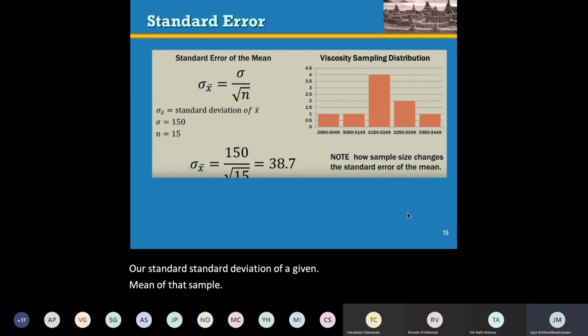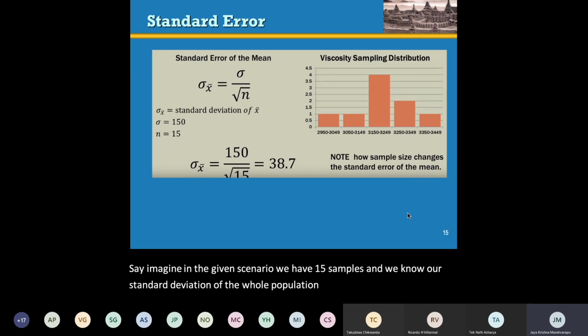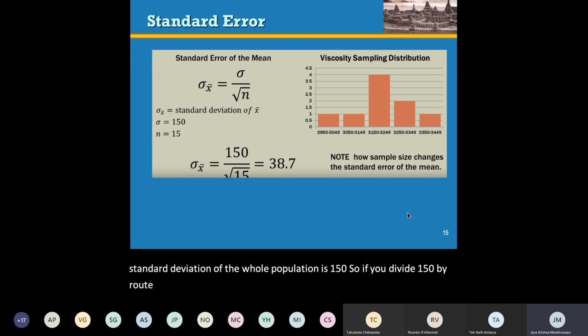So imagine in the given scenario we have 15 samples and we know the standard deviation of the whole population is 150. If you divide 150 by root 15, that would be the standard error of the sample mean.